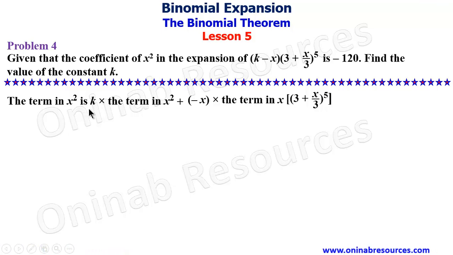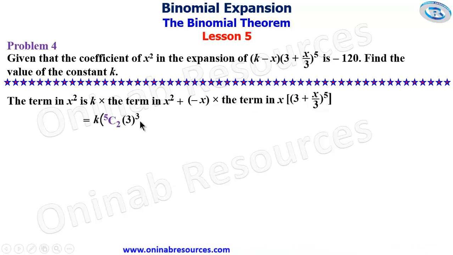So for this now, we are going to have it equal to k into the term in x. For this expansion, it's going to be 5 combination 2. Then the first term in the bracket there is 3 raised to power 3. 5 minus 2 gives this 3. Then the second part of the bracket, x over 3 squared.